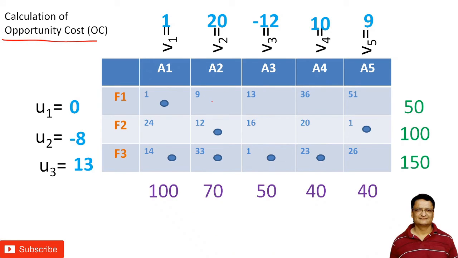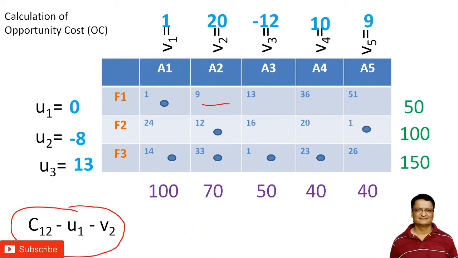We need to calculate the opportunity cost for the empty cells. So this is our first empty cell for which we will calculate an opportunity cost. Opportunity cost is given by this formula: C12 minus U1 minus V2. What is C12? C12 corresponds to the first row and second column and the cost at that cell. So 9 is the value, right? Minus the corresponding U1 and minus V2.